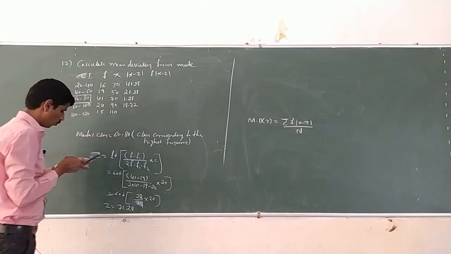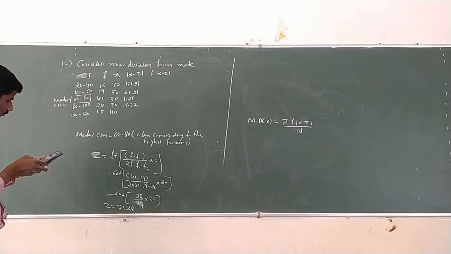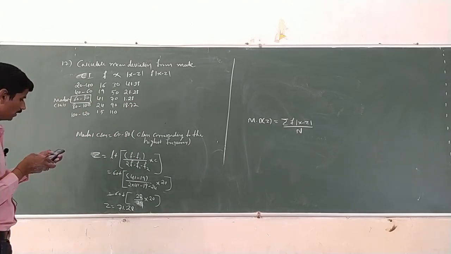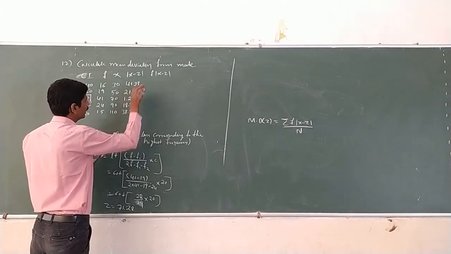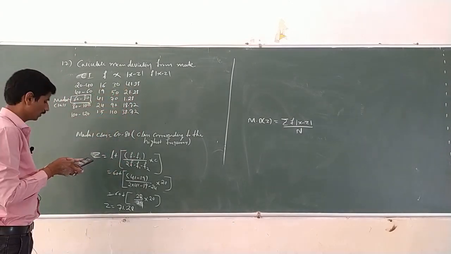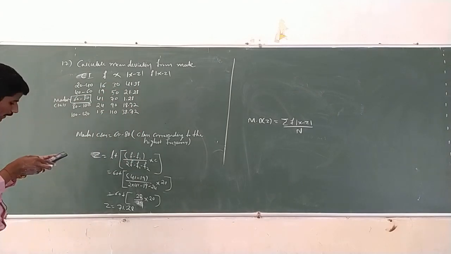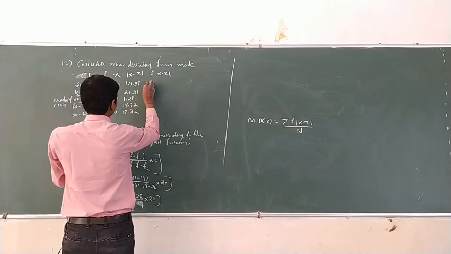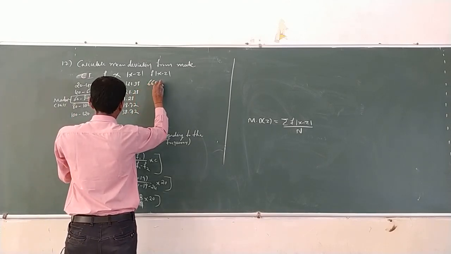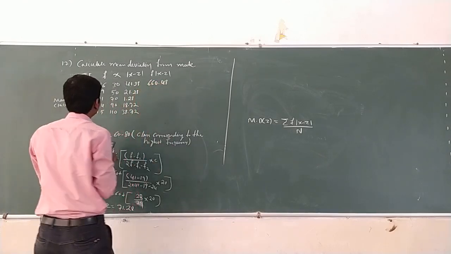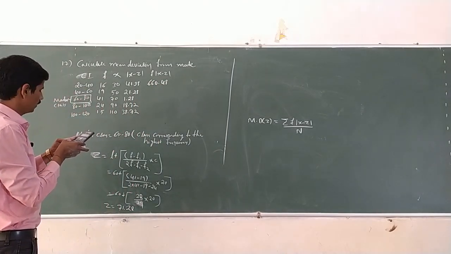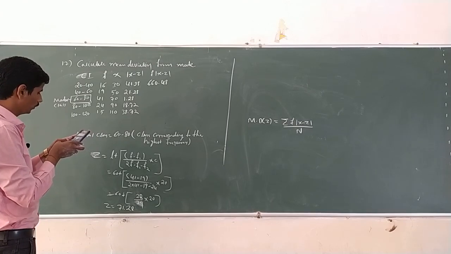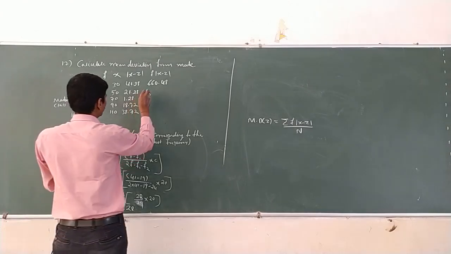The next, 110 minus 71.28 is 38.72. The next, f into this. F 16 into 41.28 is 660.48. The next, 19 into 21.28 is 404.32.